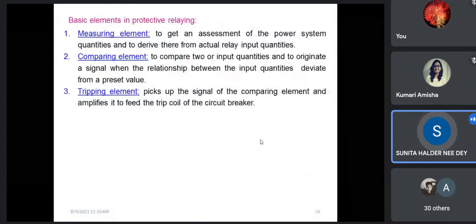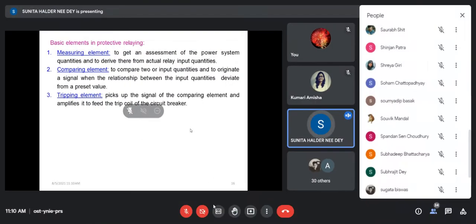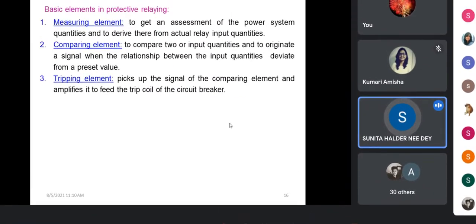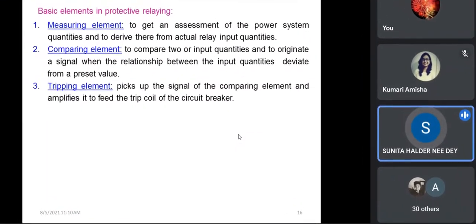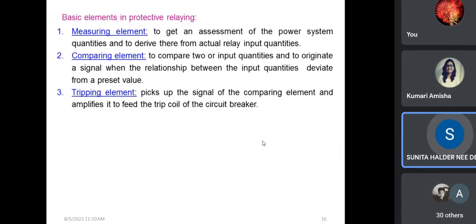Next is the tripping element. Tripping element means the relay will pick up and send the signal to the tripping element. In this case, for the conventional relay, it is the tripping coil.